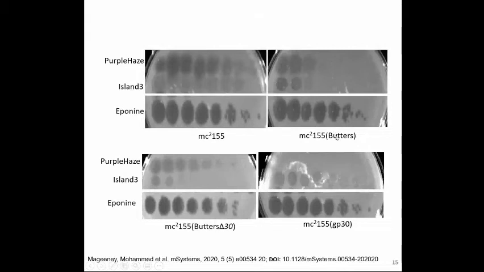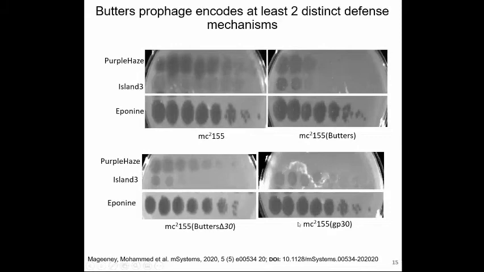So that means that there are some other genes that are responsible for defending against Island 3. And so we can make the point that Bares prophage encodes at least 2 different defense mechanisms, one specific for Purple Haze, and that system is different from the system that blocks infection by Island 3.